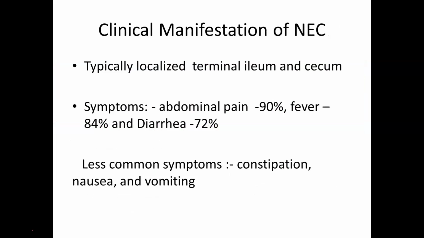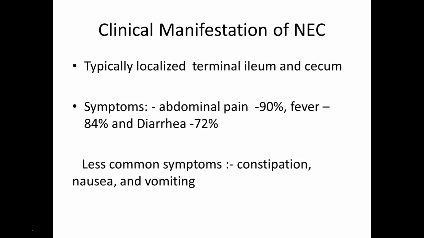Clinical manifestations of NEC are usually in the terminal ileum and the cecum. The cecum is favored because it's quite distensible and relatively less vascularized compared to the colon, and that's why the ileocecal region is commonly involved.